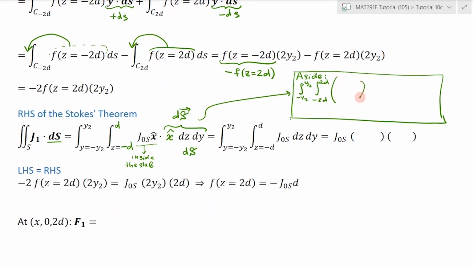You'll actually have to write more accurately something like this: j naught s x hat for z between negative d and d, and then 0 elsewhere.